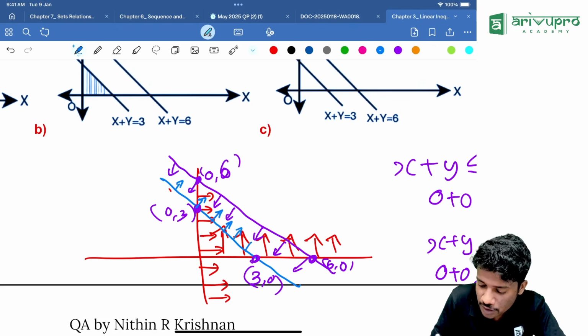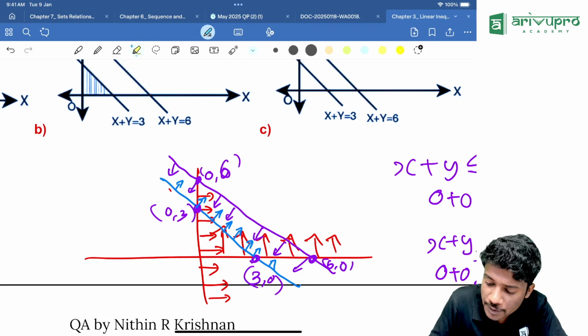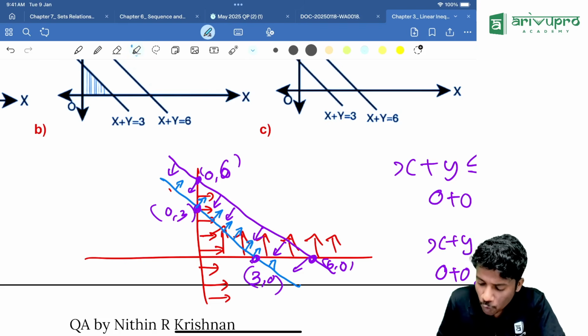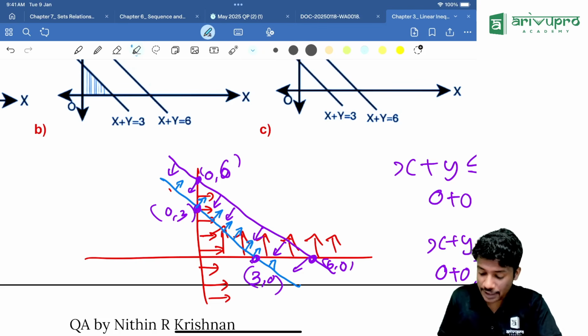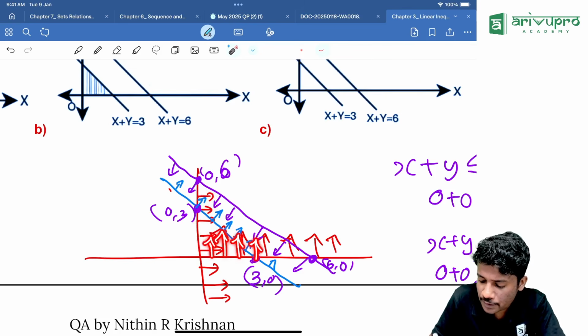Now my question, what is the common area between all of them? You should tell me. So x greater than or equal to 0 is going towards this side. y greater than or equal to 0 is going towards this side.